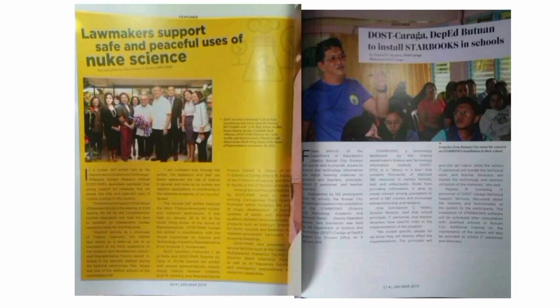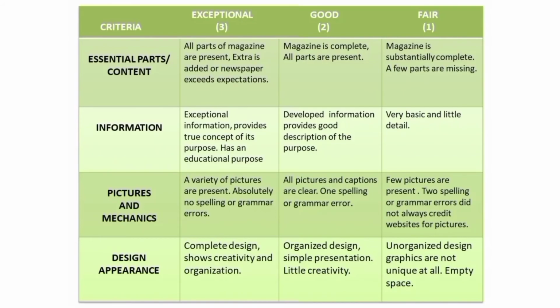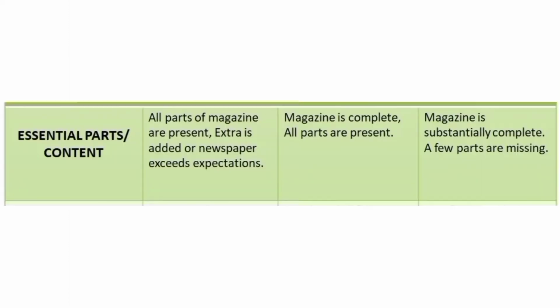Since we are done citing some parts of the magazine, let's now evaluate it using the assessment tools, or the analytical rubrics, that we mentioned earlier. So, let's start. Are the essential parts or contents of the S&T Post magazine exceptional, good, or fair?